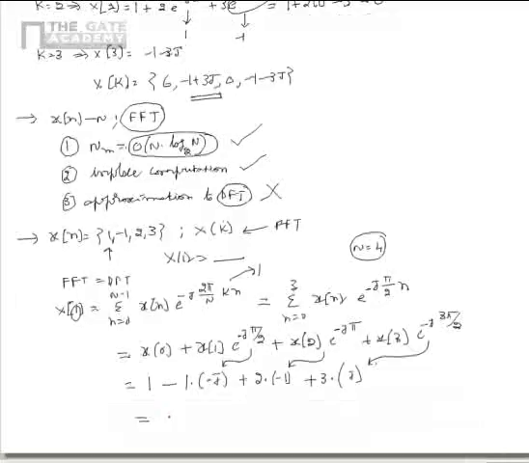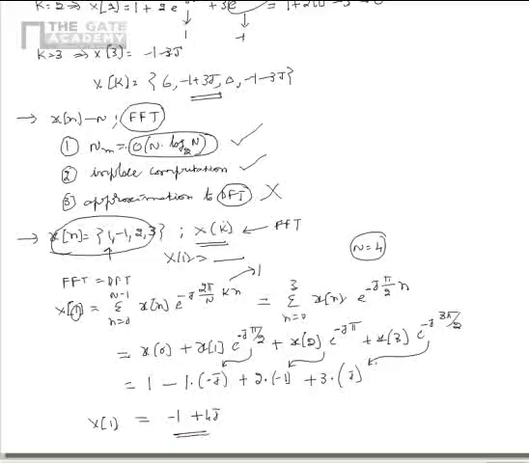Upon simplifying, we see that this is equal to minus 1 plus 4j. From this, we see that for the given signal, if X of k is the FFT implementation, X of 1 can be written as minus 1 plus 4j.